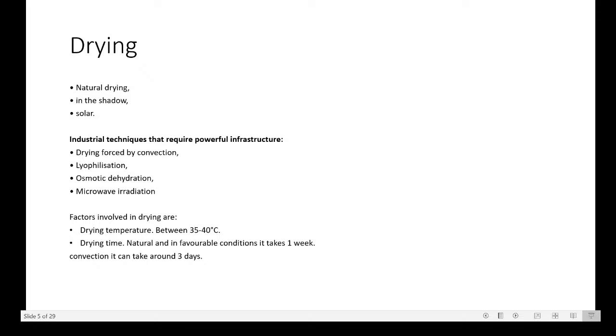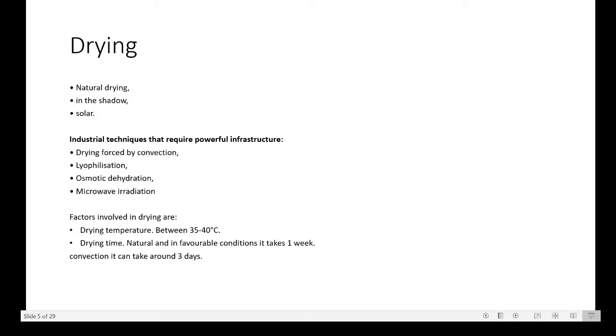These techniques are used for industrial purposes, because shadow drying will take some time. They have bulk material and are not able to maintain drying of a large quantity of herbs, so they use these methods.